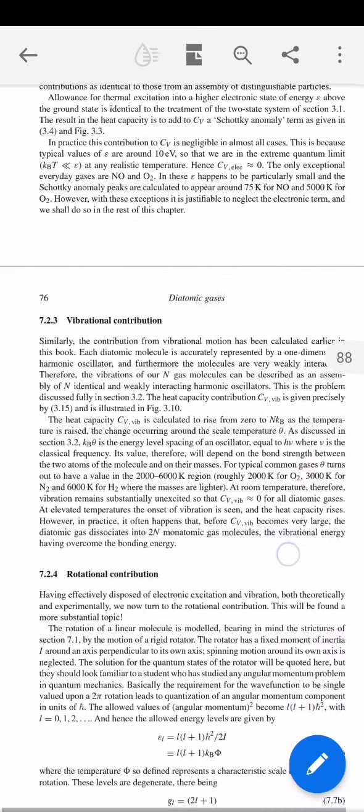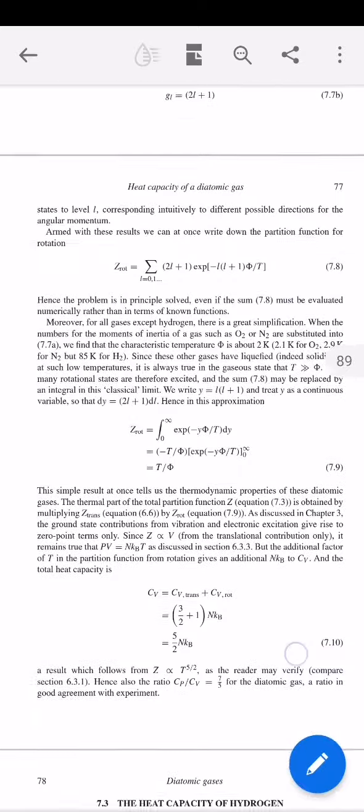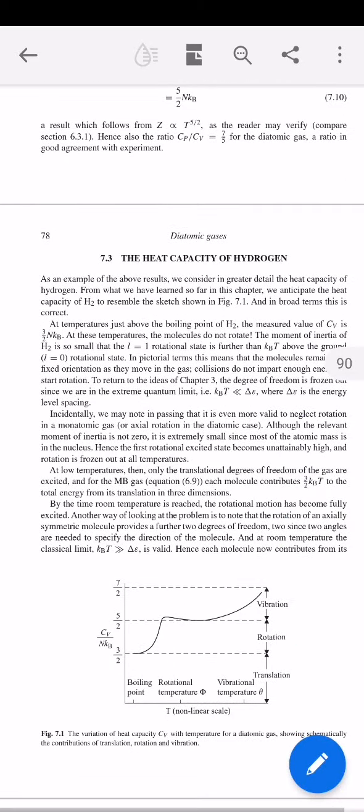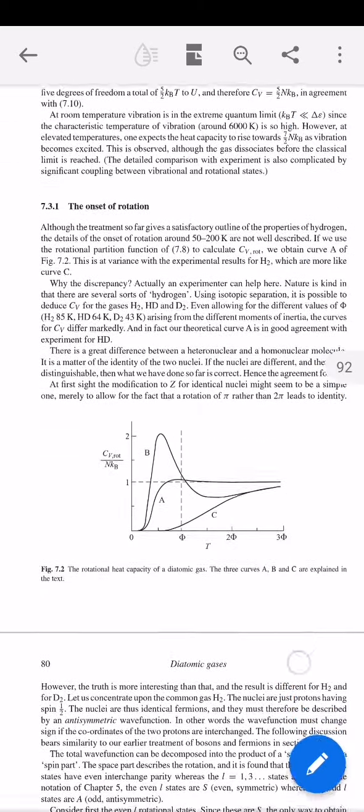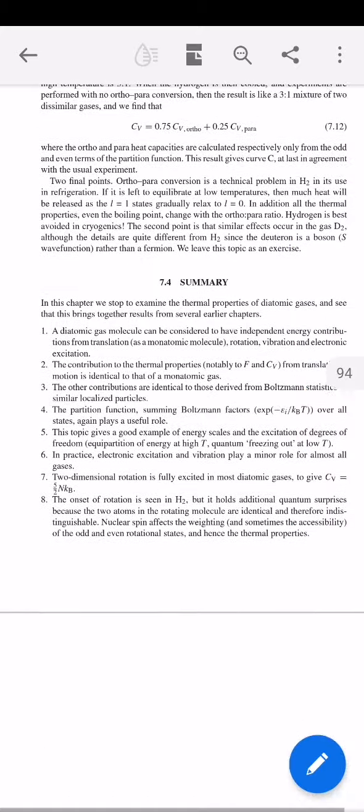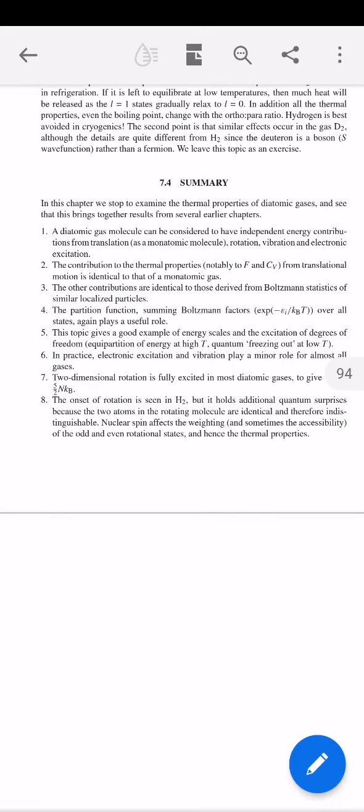Electronic contribution, vibrational contribution, rotational contribution, heat capacity, onset of rotation. So it describes a diatomic gas molecule as an independent system.